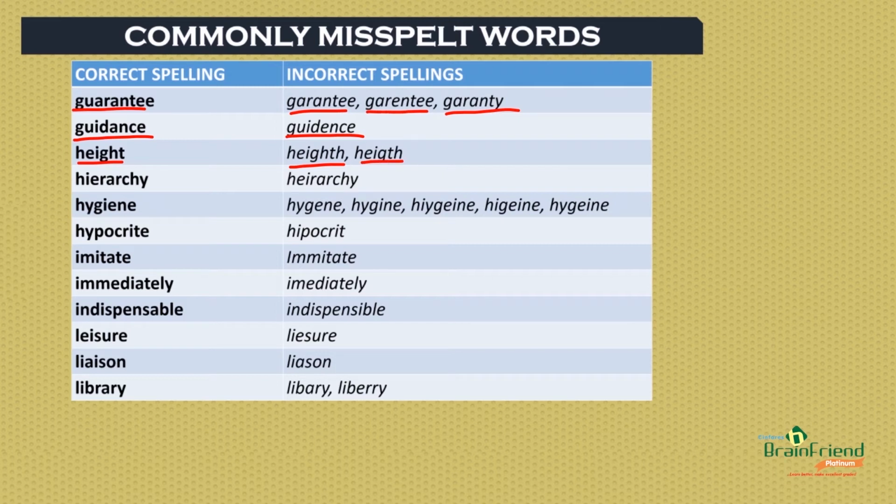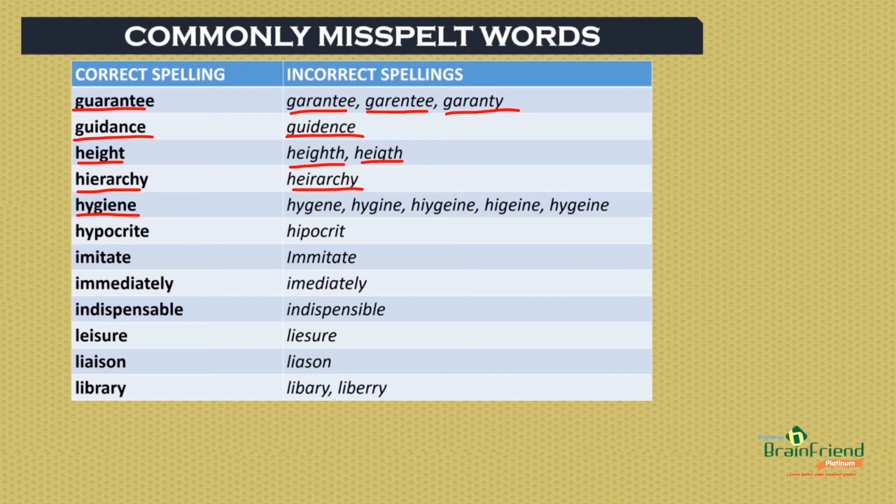Next, we have hierarchy. Hierarchy is spelled H-I-E-R-A-R-C-H-Y. It's wrongly spelled as H-E-I-R-A-R-C-H-Y. Next, we have hygiene.